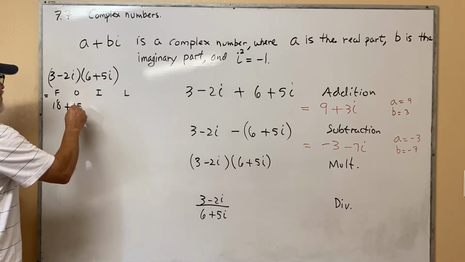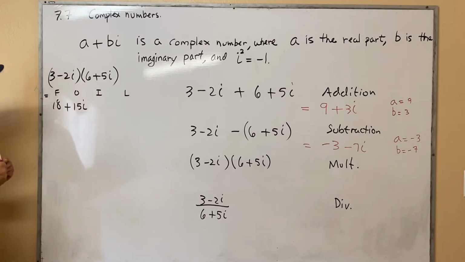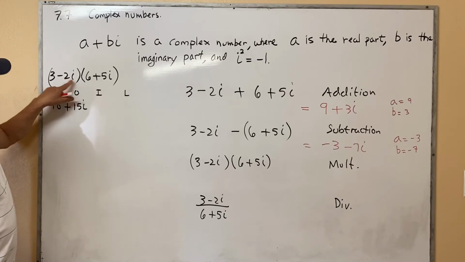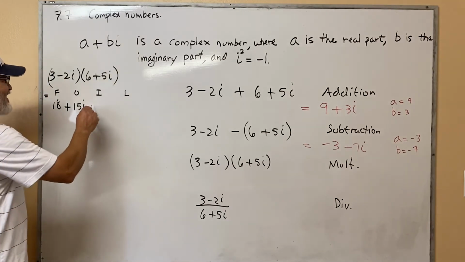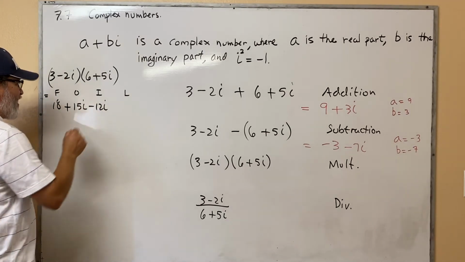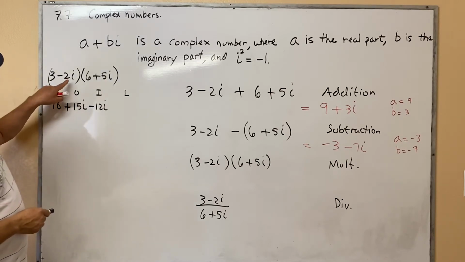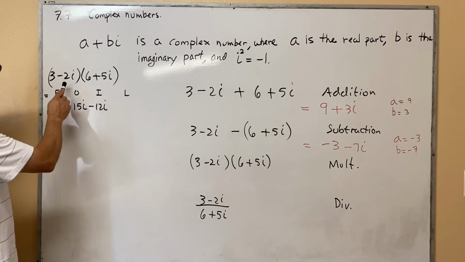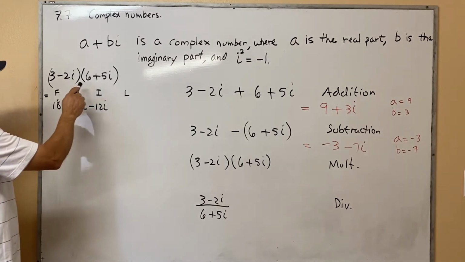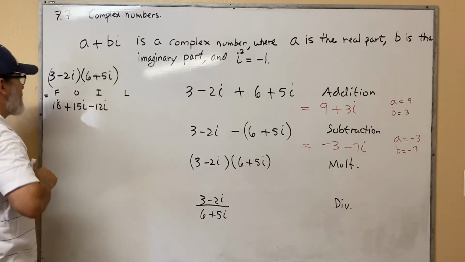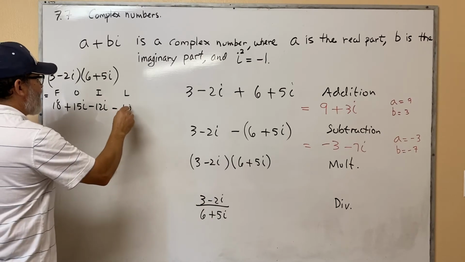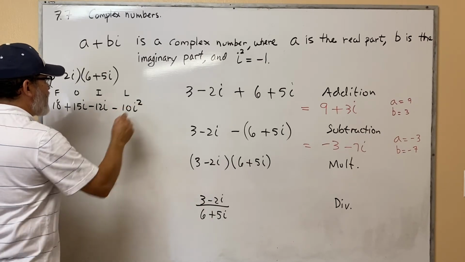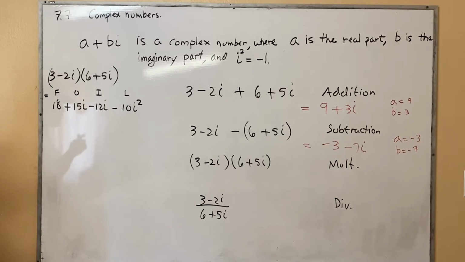Plus 15i. That's outer. Inner, what's negative 2i times 6? Negative 12i. Last, what's negative 2i times 5i? Minus 10i squared. Okay? Combine.